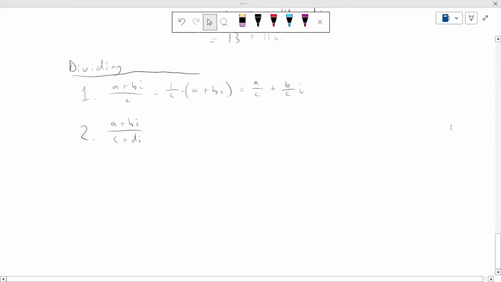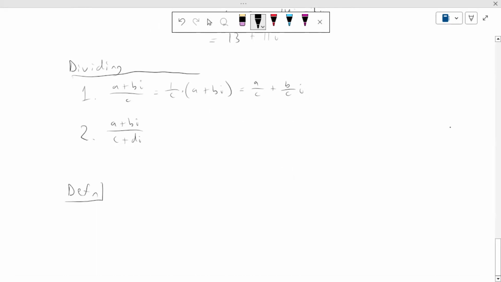So here's what we can do, and this requires a definition. Here's my definition. The complex conjugate of a complex number A plus BI is A minus BI. So I just changed the imaginary part of it to be negative what it was before.